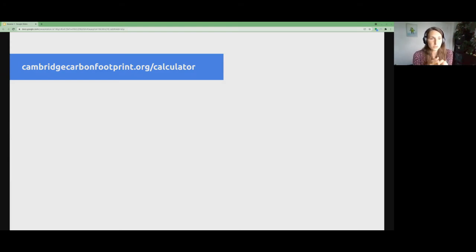We worked with a team of experts from across Cambridge to create the calculations behind it, and it takes your information and generates an estimate of your personal carbon footprint. By the end of the questionnaire, you get a result looking something like this.